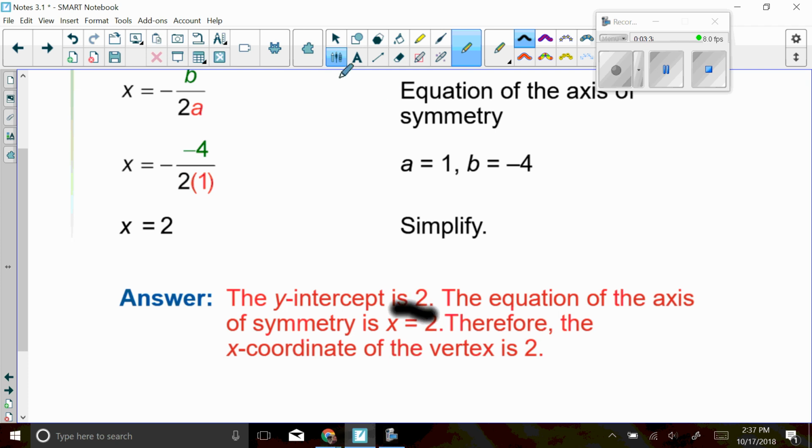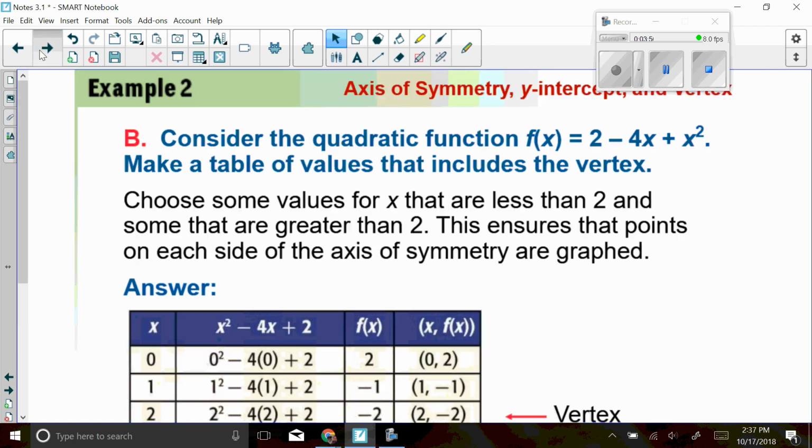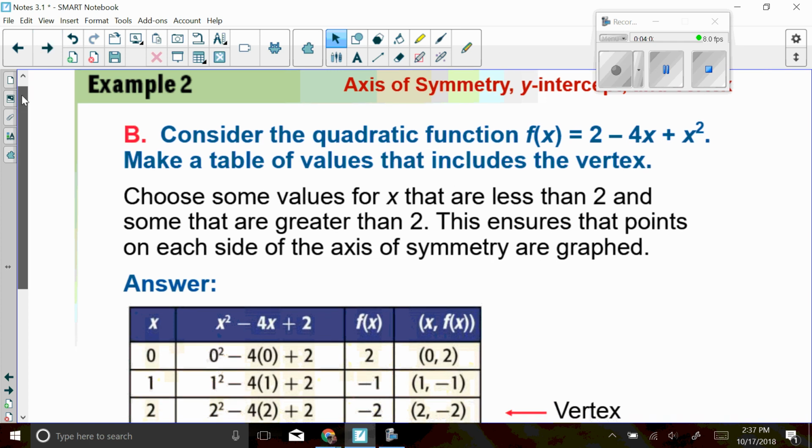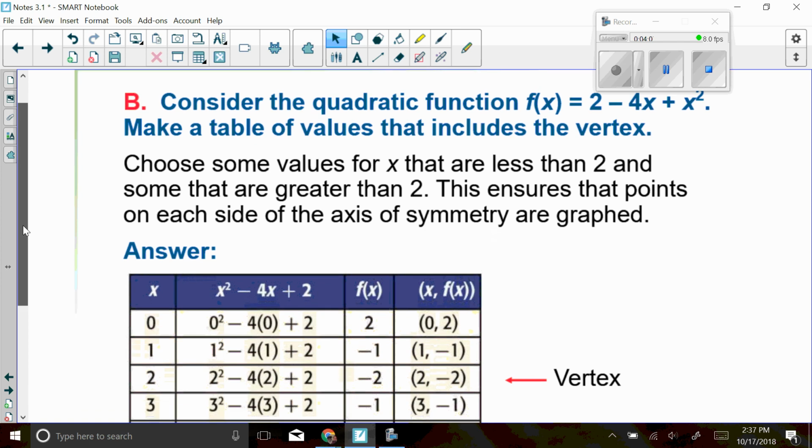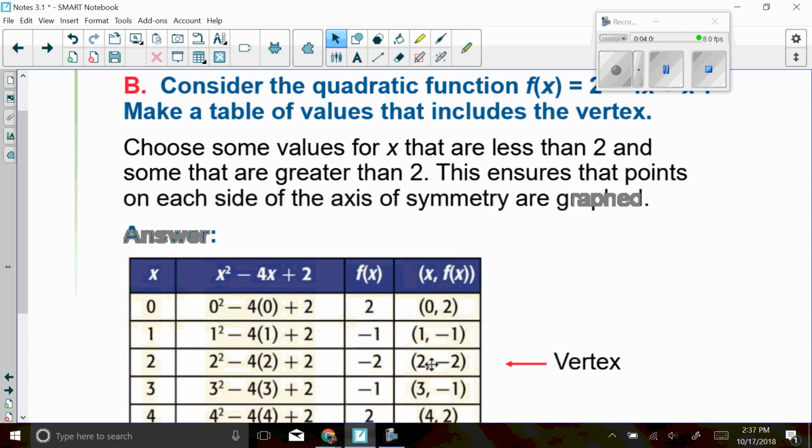Notice that it is an equation. It's not just 2. x equals 2 is a vertical line, so make sure that you have that as an equation. Next one: consider the quadratic function, make a table of values that includes the vertex. So we're using that same problem, okay? But what we want to do is put your vertex in the middle.